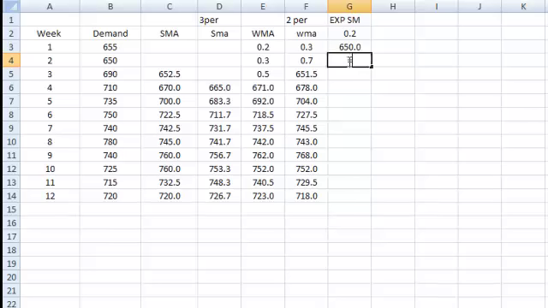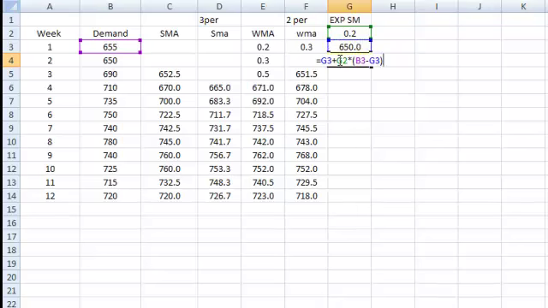To begin our exponential smoothing, we start with the previous period forecast, which was 650 units. Then we want to adjust that. So we add on our smoothing constant multiplied by the error. In this case, the error is the actual demand minus the previous forecast.